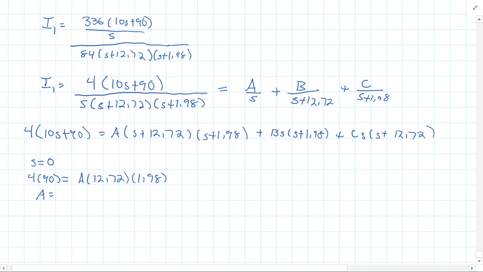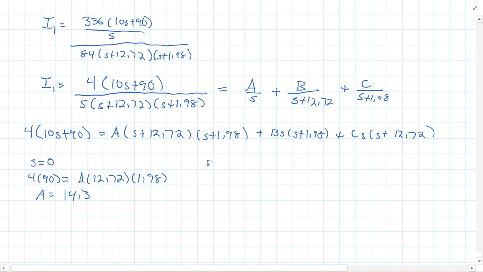So a is equal to 40 times 90 divided by that, and I get 14.3.